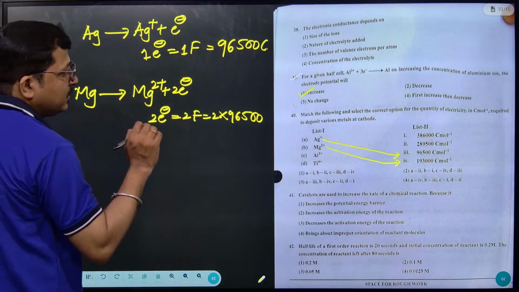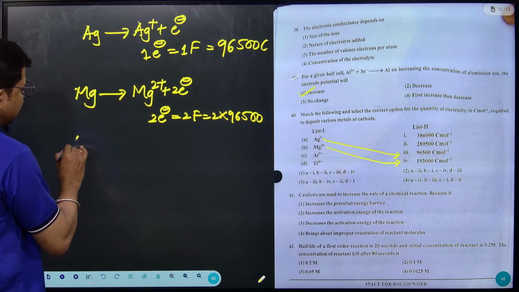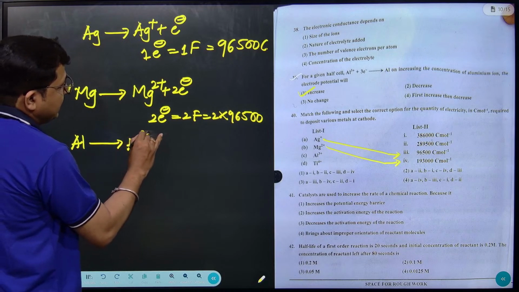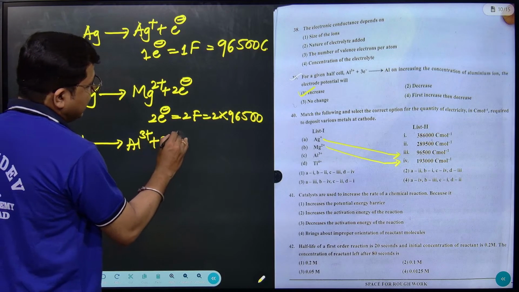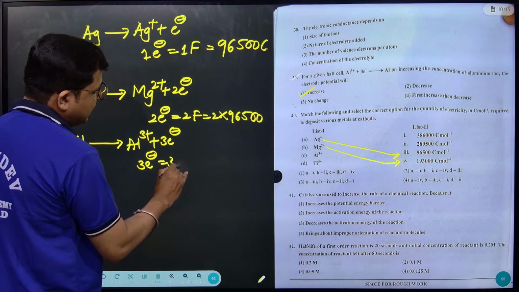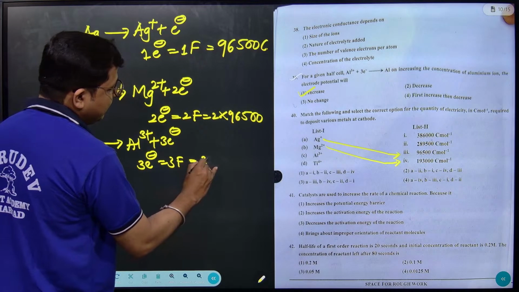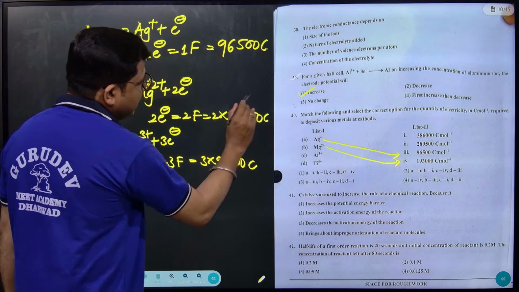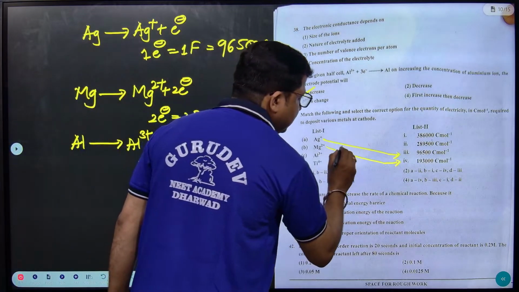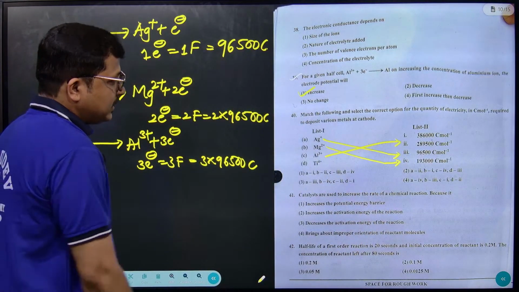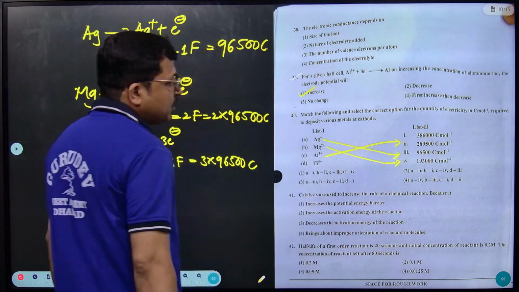And Al3+ means Al on oxidation, Al3+ releases 3 electrons. These 3 electrons correspond to 3 farad charge. This 3 farad is nothing but 3 into 96500 coulombs. So this becomes that, C goes to option number 2.